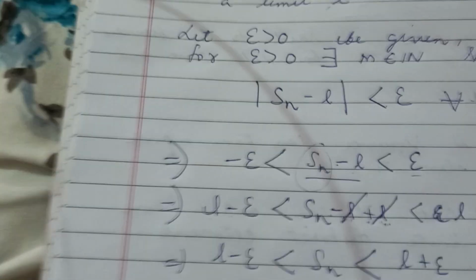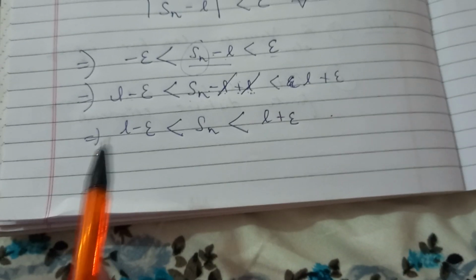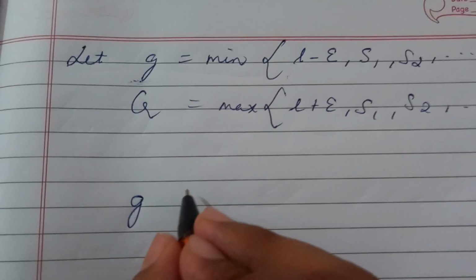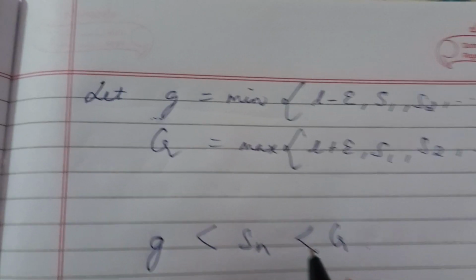So here we can see that the minimum value is L minus epsilon and the maximum value is L plus epsilon. So we can write this condition as: we can write g in place of L minus epsilon and capital G in place of L plus epsilon.